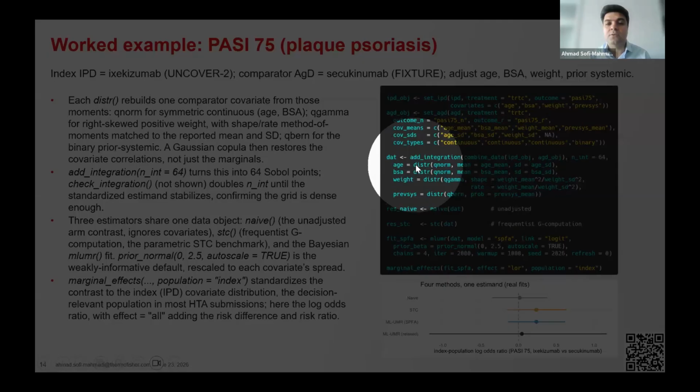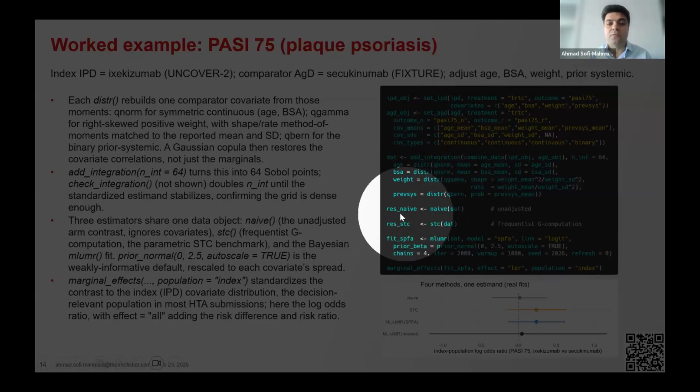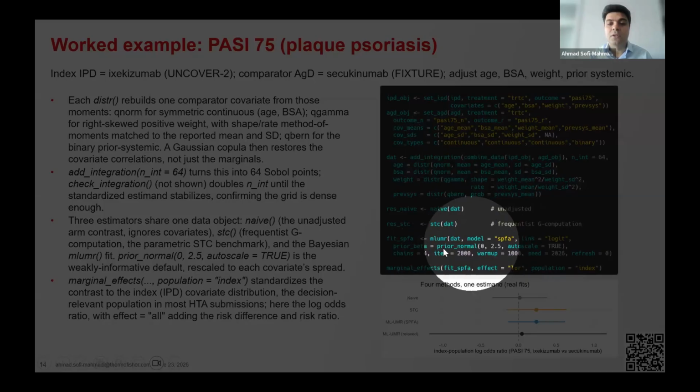For integration, we need to define a distribution for each of the covariates that you want to adjust for. And then we also provide two types of benchmarks, naive, which is unadjusted, and STC. And at the end, we fit the model.